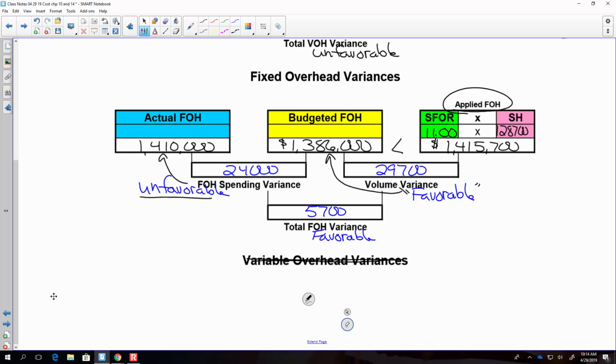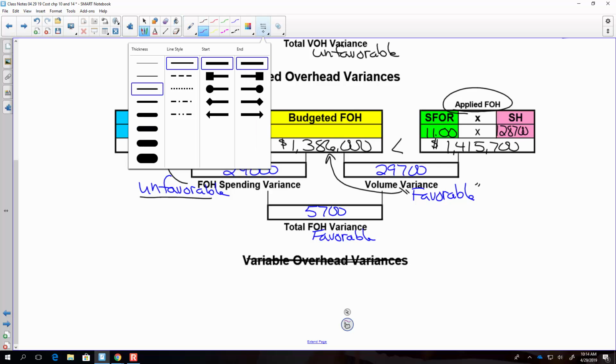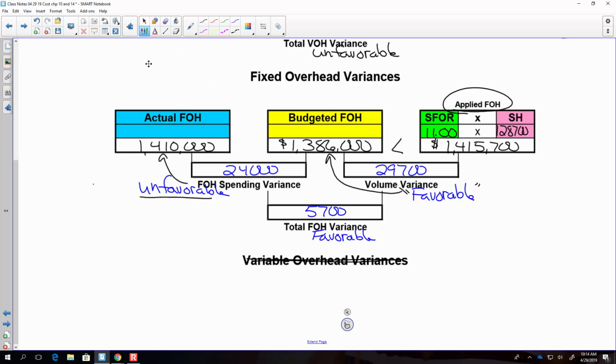So let's answer questions 1 through 6. I'm going to change colors here. What's the answer to question number 1? Total applied fixed overhead. 1,415,700. Perfect.